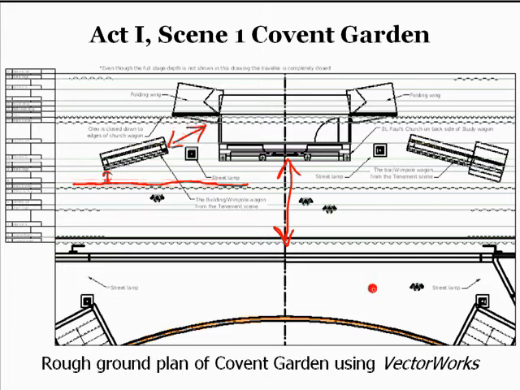Another thing to keep in mind is that when working with a director or other people, they may not be able to visualize things this way very easily. This drawing view, this looking down at the stage. So that might present some obstacles.